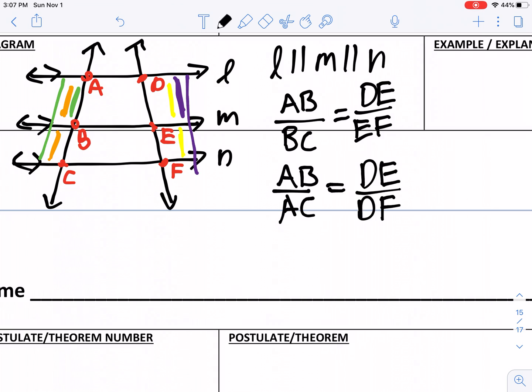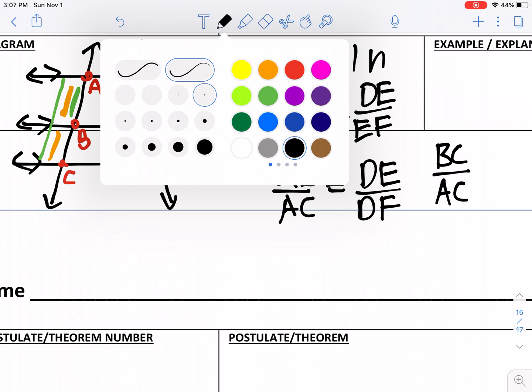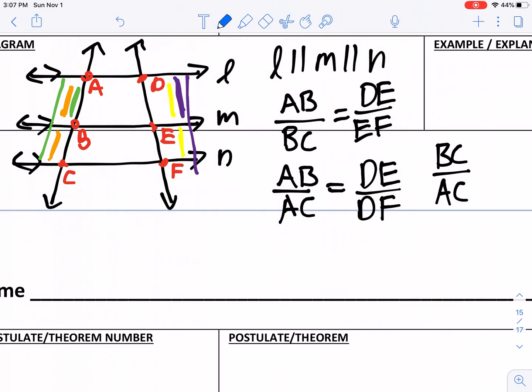Or another one we might see is BC over AC. BC's measure over AC's measure, what would that be the same as?